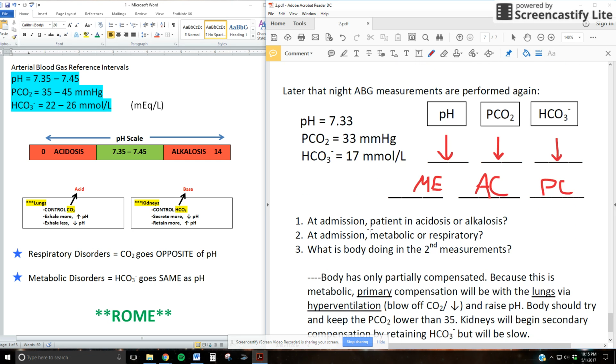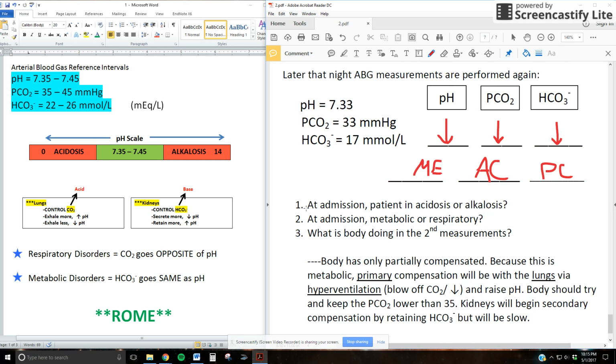And then they'll probably hit us with these questions: at admission, was the patient in acidosis or alkalosis? Well, we figured that out. It was pretty easy. It was acidosis. At admission, was the patient in a metabolic or respiratory condition? Well, that's pretty easy. Metabolic. And so what is the body doing in the second measurements?